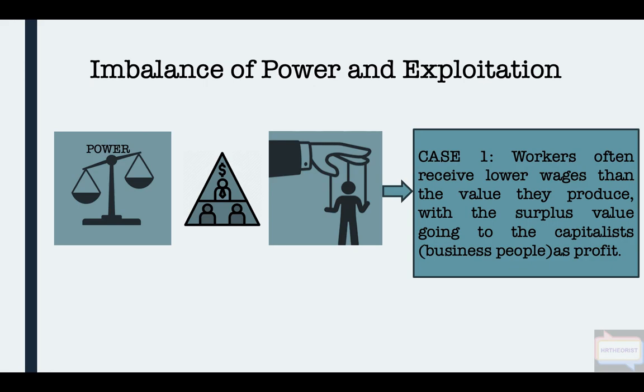In the context of Karl Marx theory, the case suggests that workers in a capitalist system may receive wages that are less than the value of the goods or services they produce. This discrepancy arises because capitalists aim to maximize their profit by paying workers a portion of the value they create, while keeping the remaining surplus value for themselves.